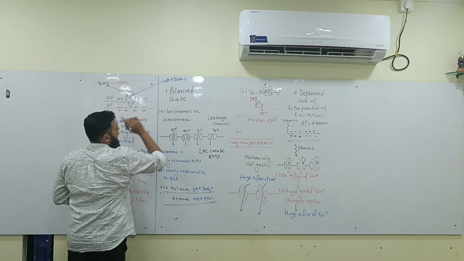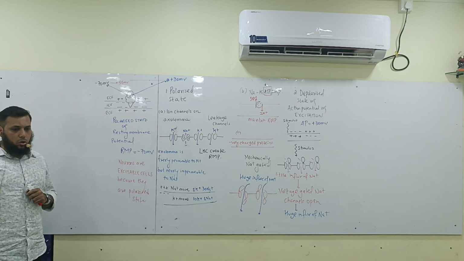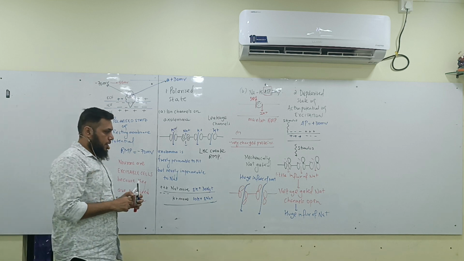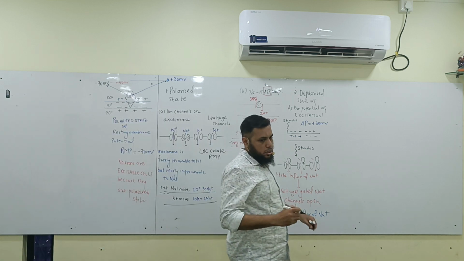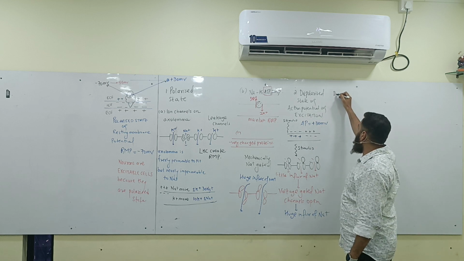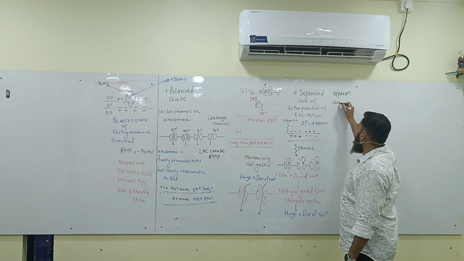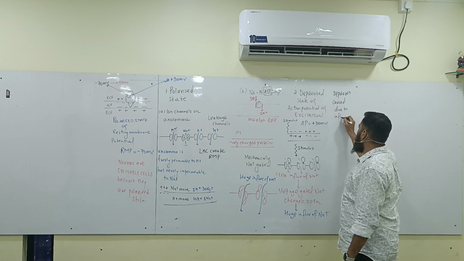Plus 30 millivolts, and that is called the action potential or depolarization. So if you are asked who is responsible for depolarization, you say that depolarization is caused due to the influx of Na plus.